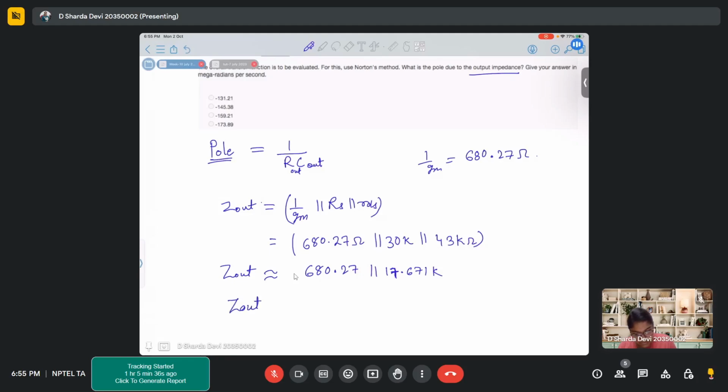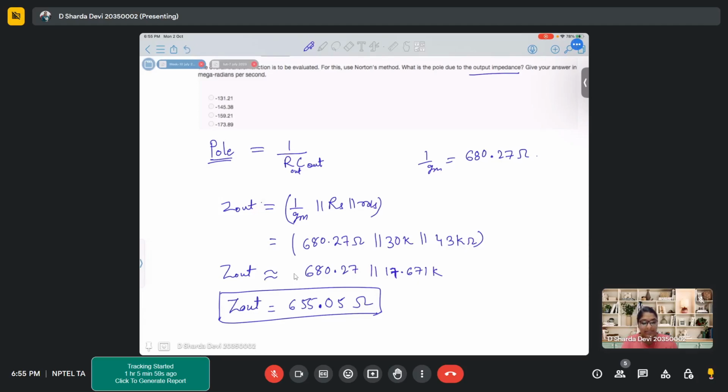So Z out is 655 ohms. Because in a parallel combination, the idea is whatever is the smallest value, you'll get an even smaller value than that. That is the idea when you calculate parallel.